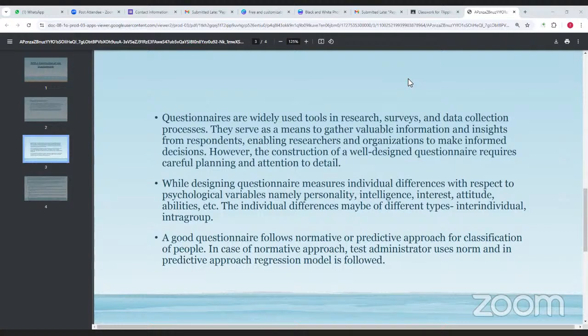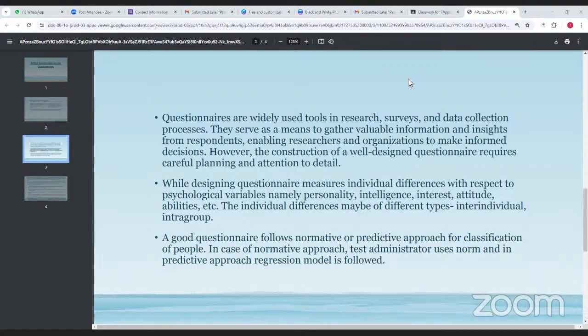Now read the next one. Questionnaires are widely used tools in research, surveys, and data collection processes. They serve as a means to gather valuable information and insights from respondents, enabling researchers and organizations to make informed decisions. However, the construction of a well-designed questionnaire requires careful planning and attention to detail.